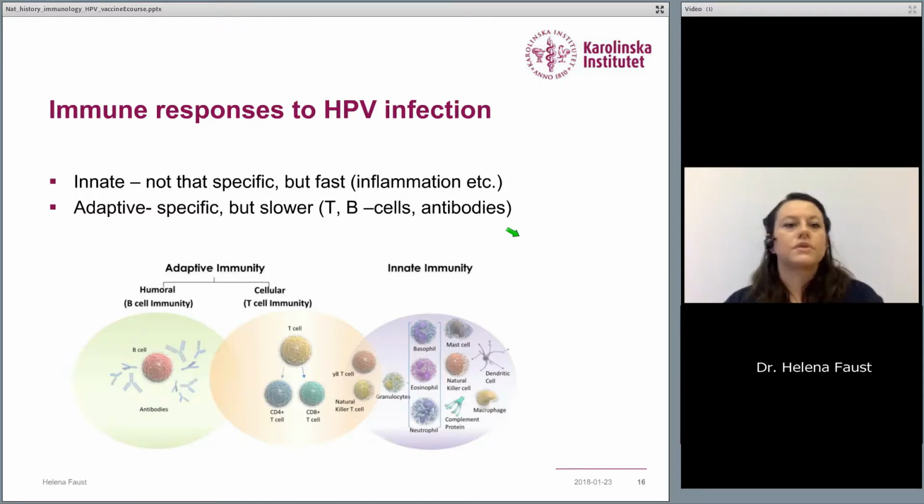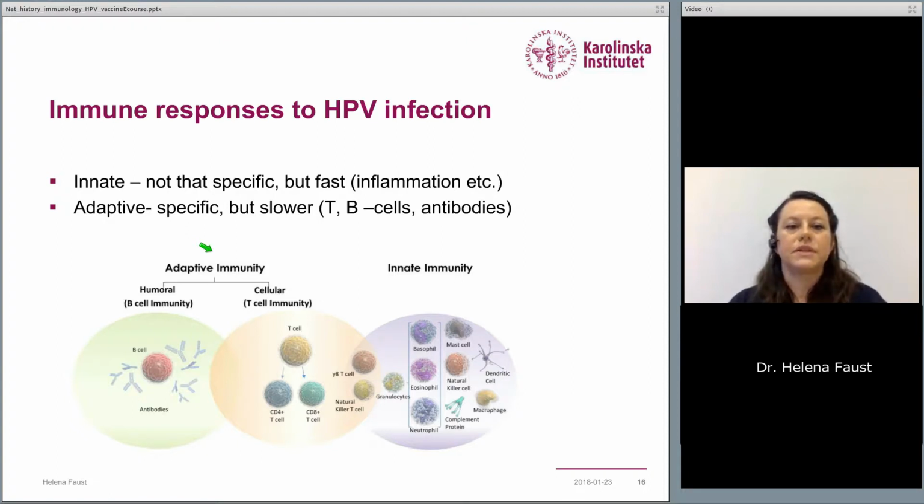Now we are moving further with the immune responses to HPV infection, because we have an immune system, so it should react to the HPV and eliminate it as fast as possible. To refresh your memory, the immune system is divided into innate immunity, which is not so specific but is fast, for example inflammation, and adaptive immunity.